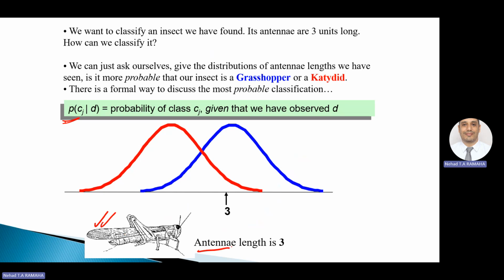If we know that the antenna length is 3, most probably, is it grasshopper or katydid? This is the question: the probability of a specific classification given a specific observed feature.